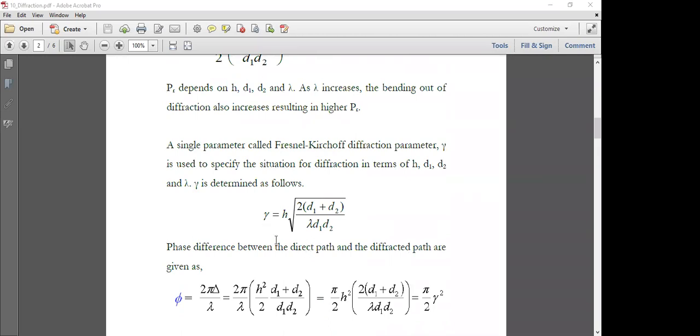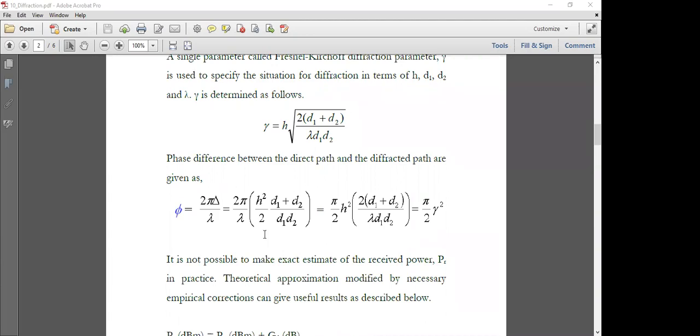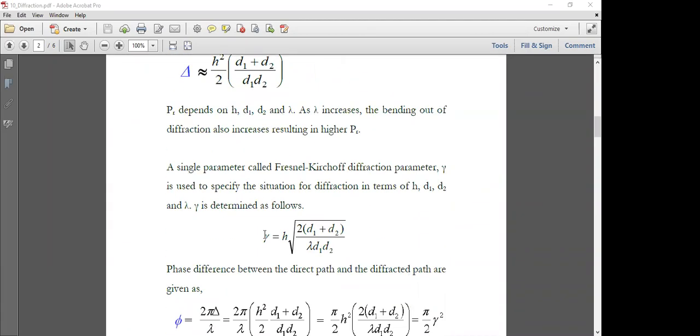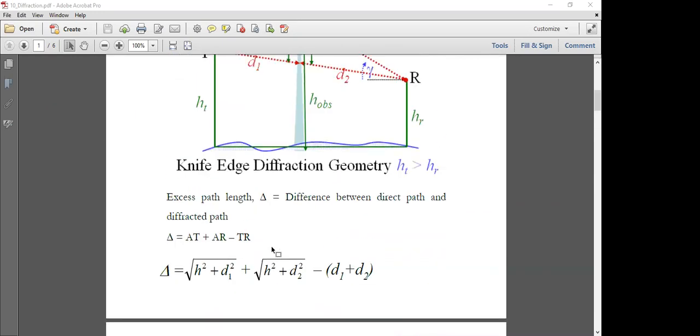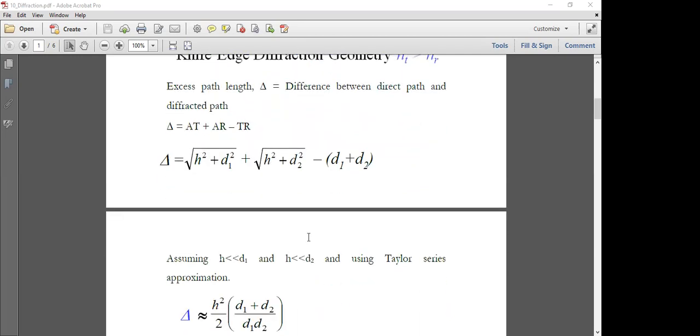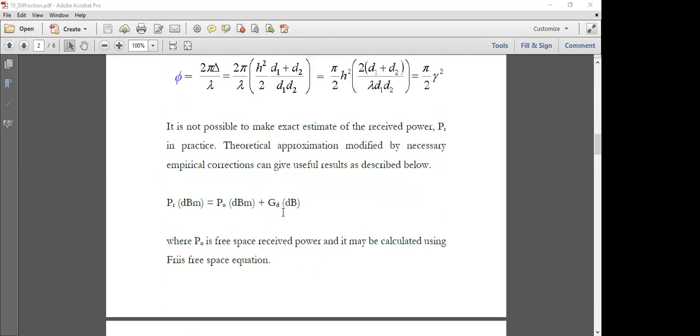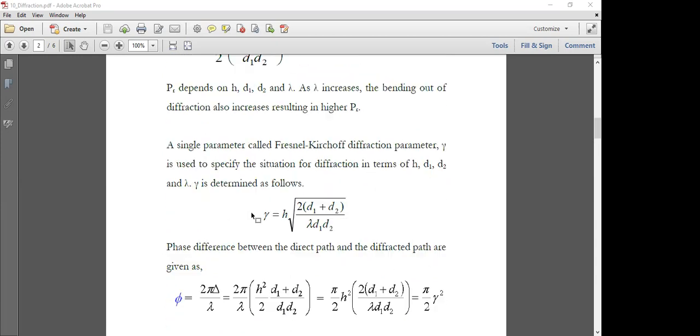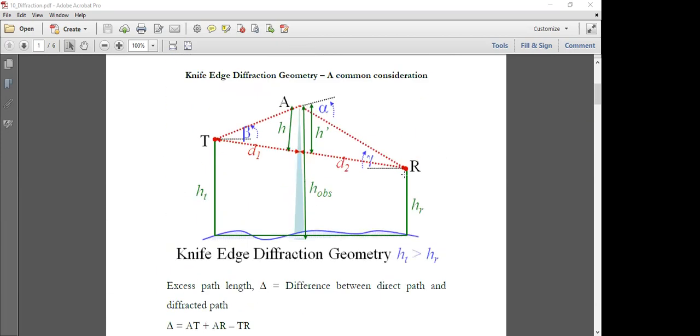For different values of nu, sometimes they will be additive, sometimes subtractive. So if your H is negative, you get the direct ray and something more. It is possible to have a positive value of G. It can be higher than P naught and exceed your direct ray value, but of course, then you have to have an additive resultant here.